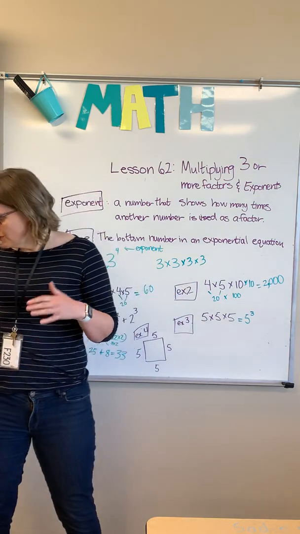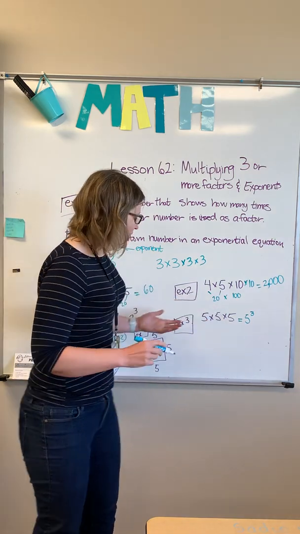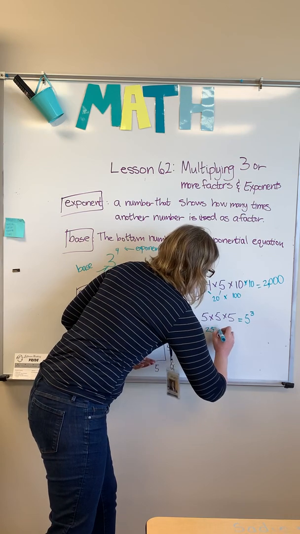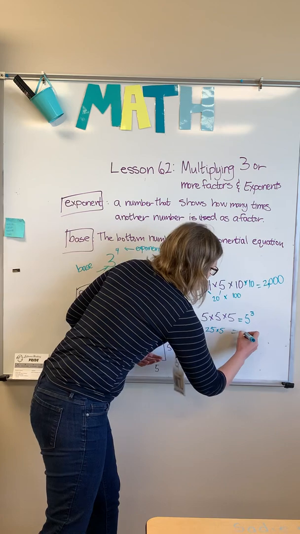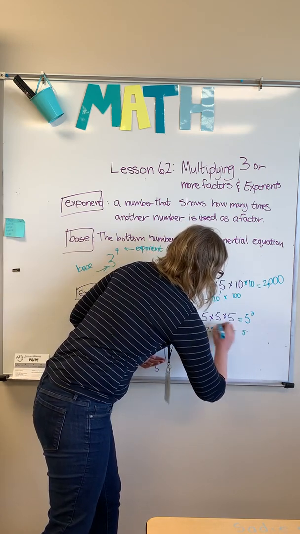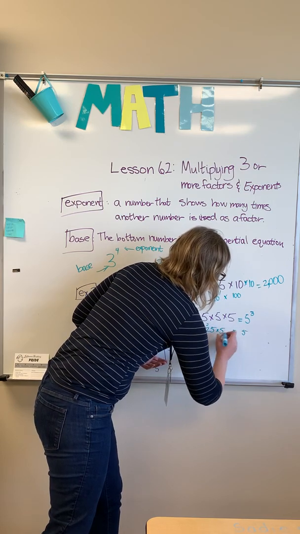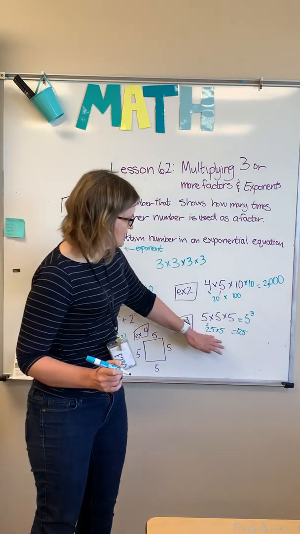Incidentally, if we were to do 5 times 5 times 5, our answer would be, here we go, 25 times 5, and our answer on this is going to be, let's see, 125.